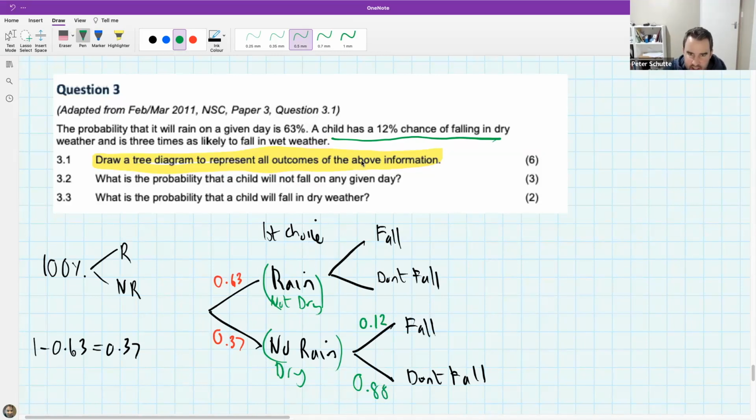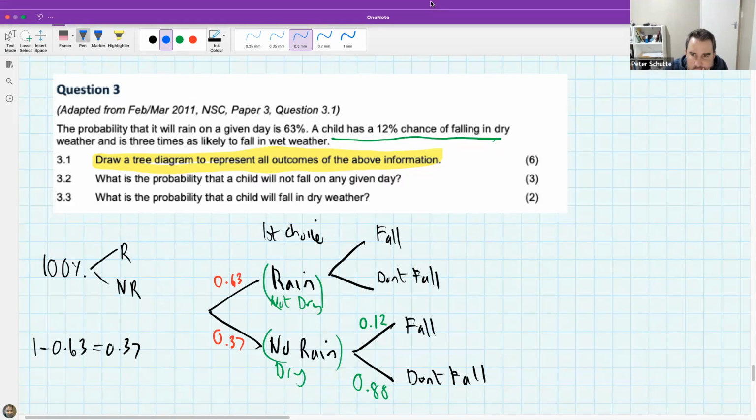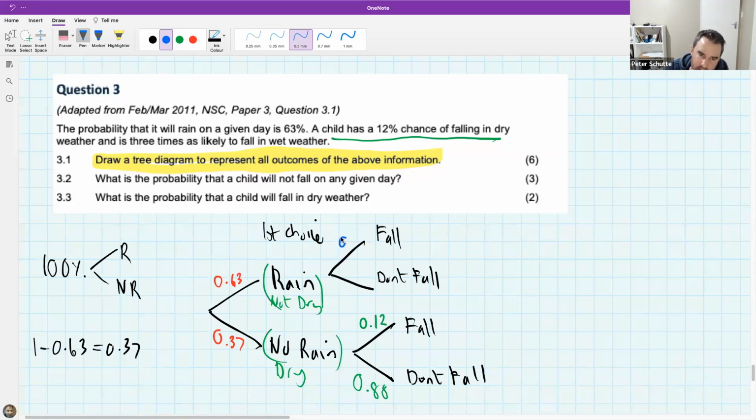And then it says it's 3 times more likely you will fall in wet weather. So what do you think the probability is on this branch over here? If it's 3 times more likely, this is going to be 0.36.